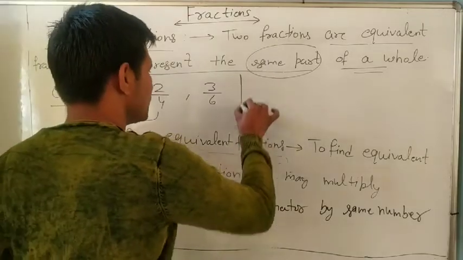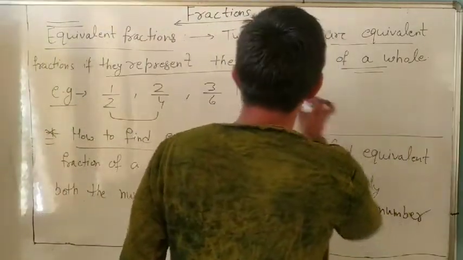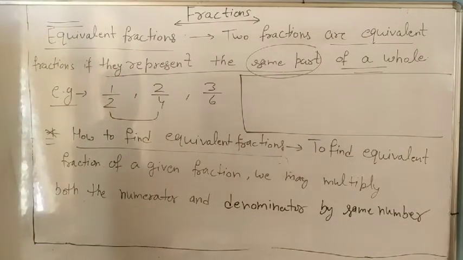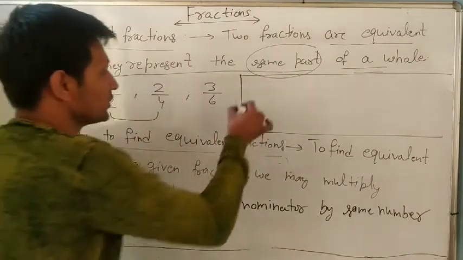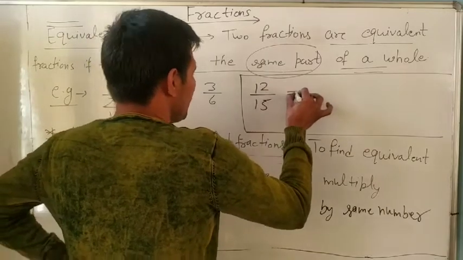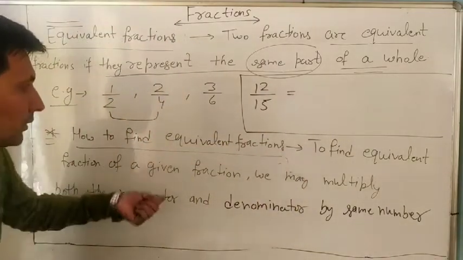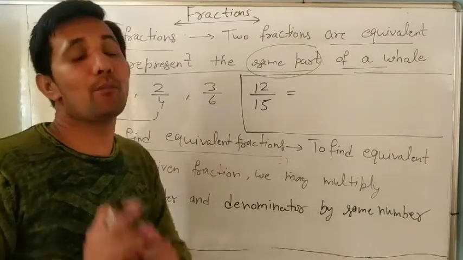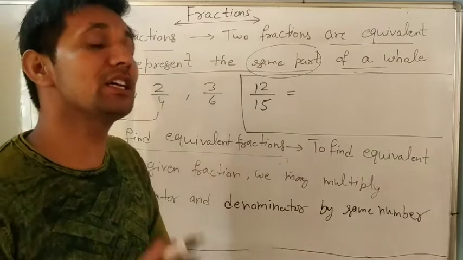One more example. We have one more method to find the equivalent fraction. Suppose it is 12 upon 15. In the first part we multiplied both numerator and denominator by the same number.